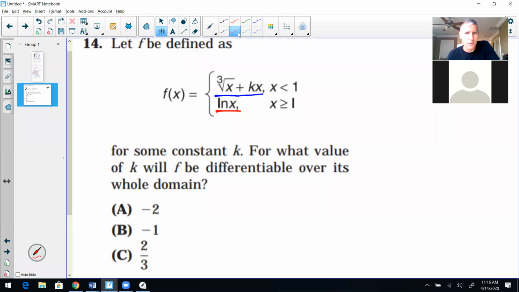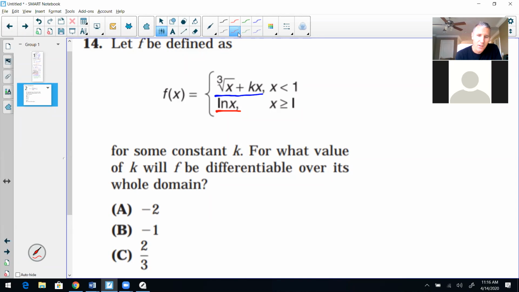But in this case, they say greater than or equal to 1, so it will be differentiable there. The only thing we have to determine is find the k value that will make it so that f prime of x is going to be the same as you approach 1 from the left and from the right.